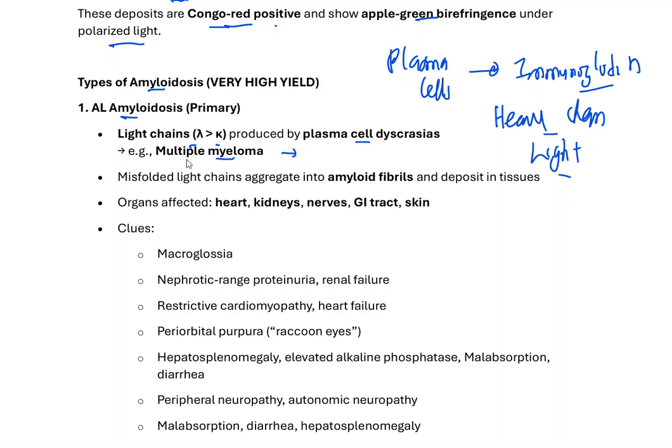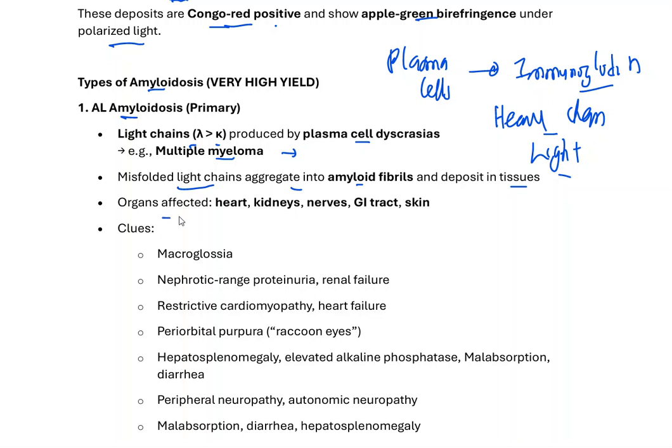And then guess what? Because we're making a lot of immunoglobulin, we're going to be breaking down a lot of them too. Those light chains from the breakdown of those immunoglobulins are going to be converted to what? Amyloid. Those misfolded light chains aggregate into amyloid and deposit in the tissue.